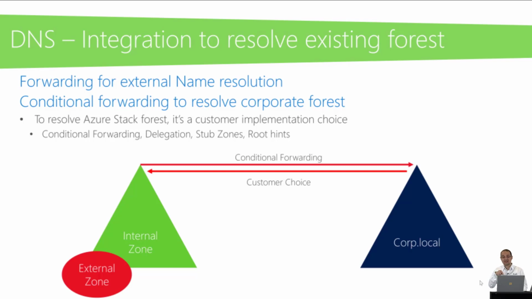The Azure Stack internal DNS server doesn't know what Bing.com is. So conditional forwarding is the recommended way, but of course you can have stub zones. You can also use root hints as another method of doing the name resolution from your external DNS servers.